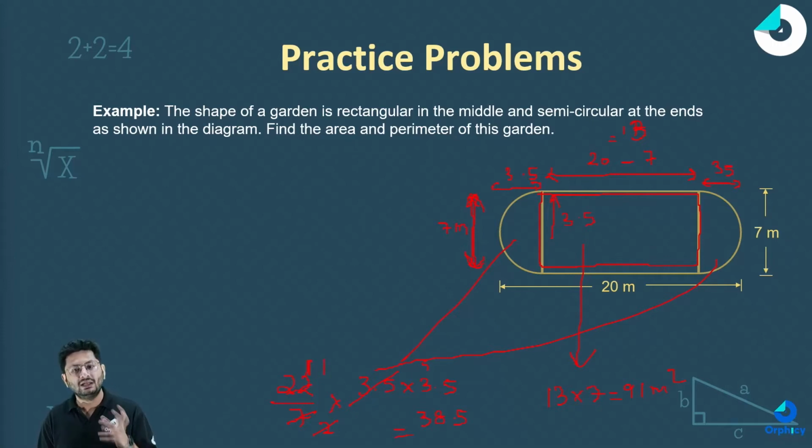So the total area of the entire structure would be equal to 91 plus 38.5, which is 129.5 meters square. Similarly, we can calculate the perimeter of the garden. First of all, this is 13, and this is again 13, and we can calculate their circumference.